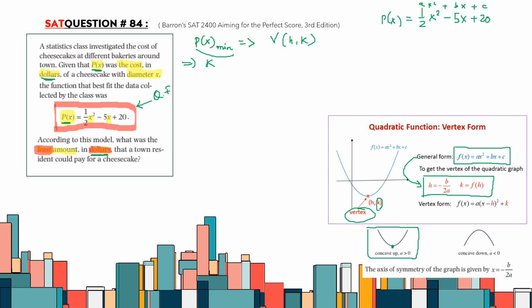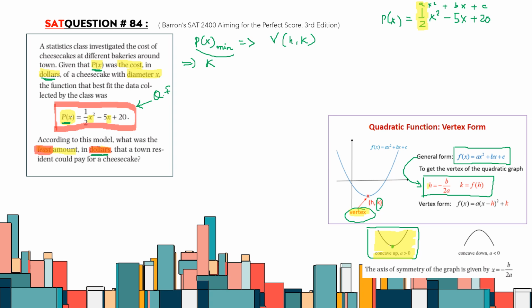When you look at a problem, you will see it right away, and you don't have to write that down. It will be concave up because a is greater than 0, and the minimum, or the lowest point, is the vertex.